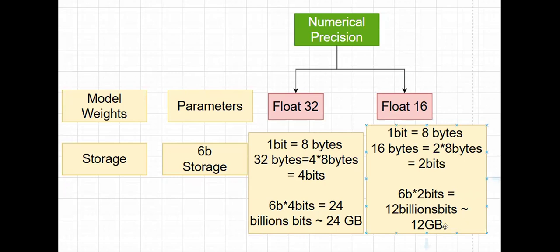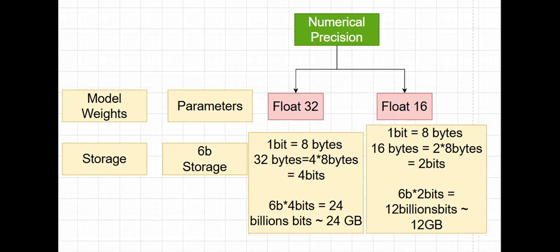Since we are saving memory, here the compute is a bit more complex compared to float 32. The reason is that we are representing each parameter in a smaller number of bits, so understanding the relations in float 16 or BF16 models is a bit more complex compared to float 32.